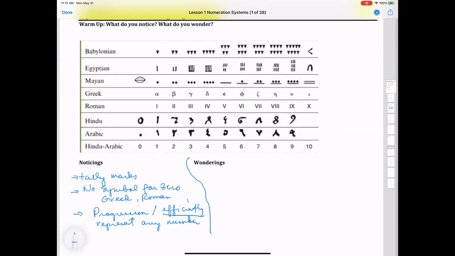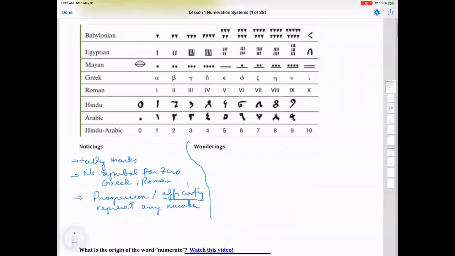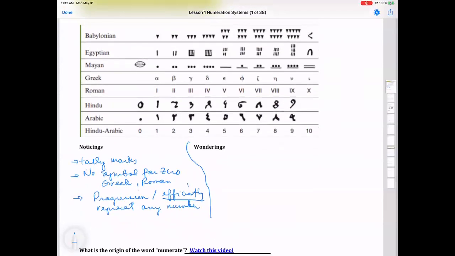That is very tedious. So it's important that nowadays we are using a very efficient system that is based on place value or position. Back then, the number system only included the additive property, meaning you just keep adding symbols, and it's not so efficient.